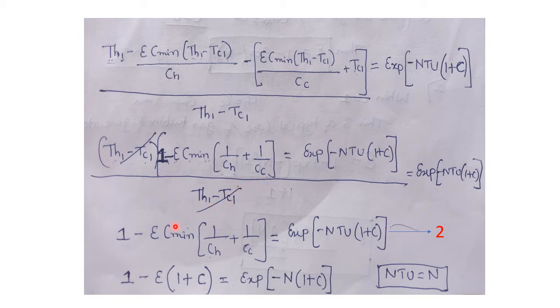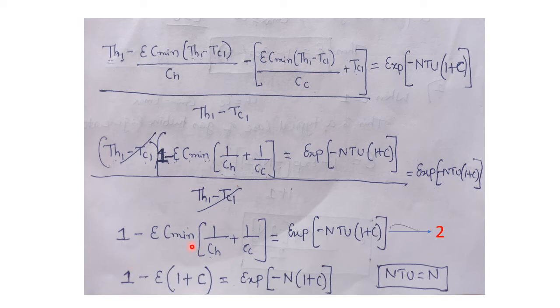This TH1 minus TC1 and this TH1 minus TC1 cancel. So my equation remains 1 minus epsilon of C minimum (1 divided by CH plus 1 divided by CC) equals exponential of minus NTU (1 plus C). Let me call this equation 2.